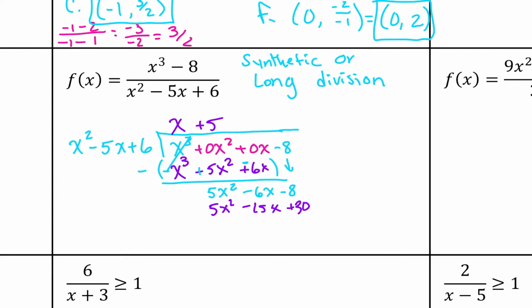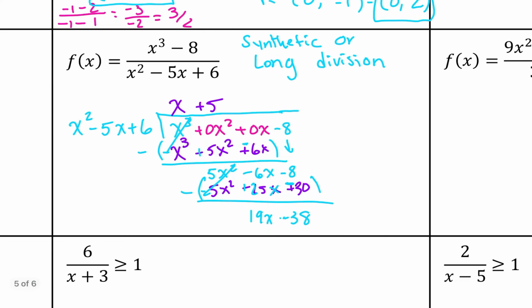And 5 times 6 is positive 30. Remembering that this becomes a subtraction problem. So to distribute, we get negative 5x squared, positive 25x, sorry, that's ugly. And then negative 30, so these cancel. Negative 6x plus 25x is 19x. Negative 8 minus 30 is negative 38.